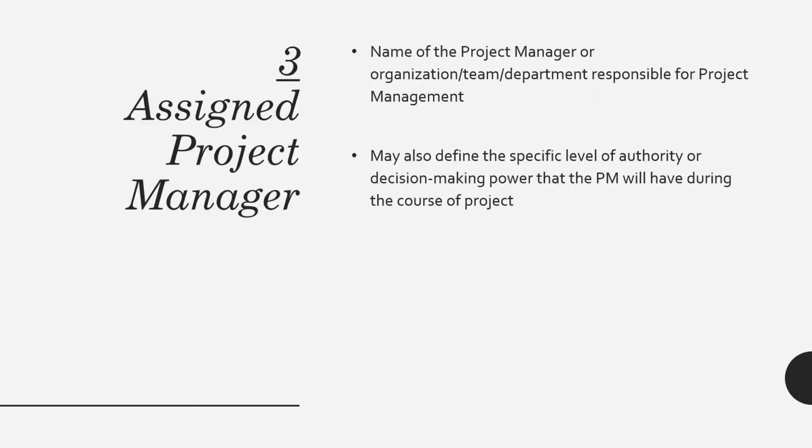So let's talk about our 50-story building construction project. It may say that the project manager has the authority to spend 10 US dollars without requiring anyone's consultation or approval. So that is a kind of authority that a project manager might have.